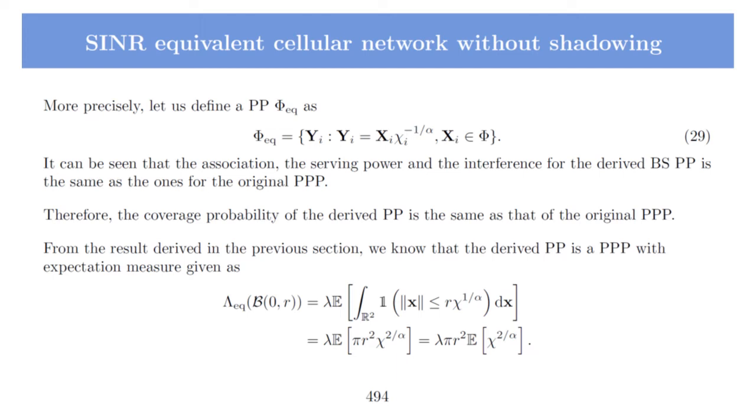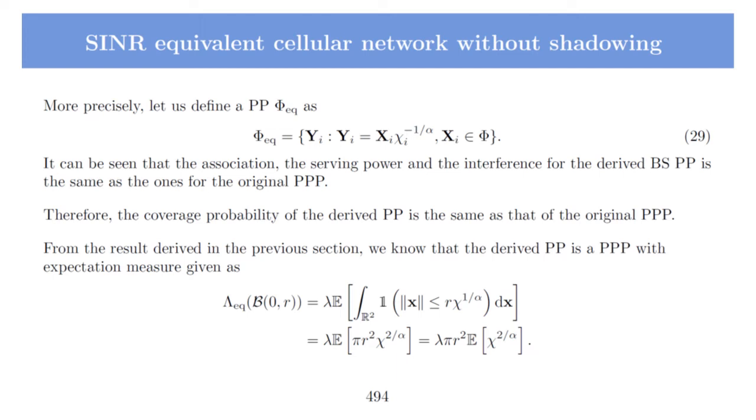We can show that this Yi is also a PPP, and we need to compute its density in the same way. You can show that for this new base station process, the expectation measure of a ball with center at origin and radius r is lambda pi r squared into expectation of psi^(2/alpha). So the density would be equal to lambda into expectation of psi^(2/alpha).